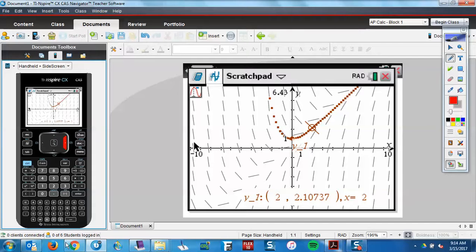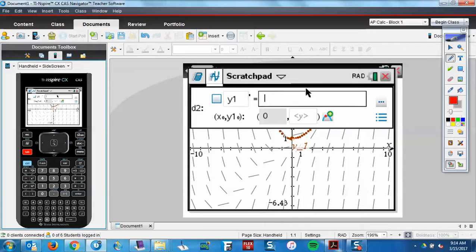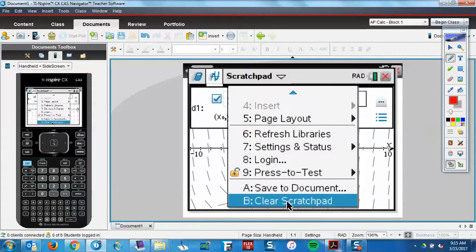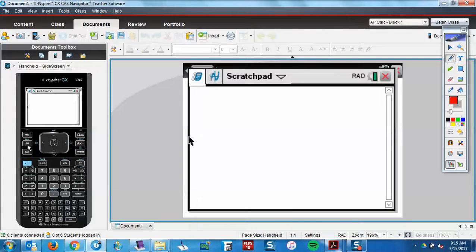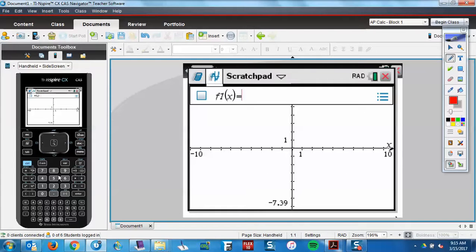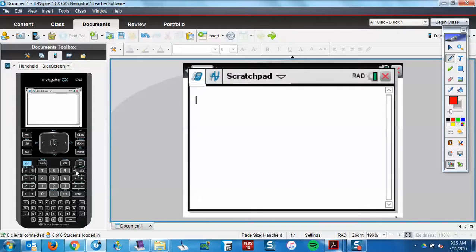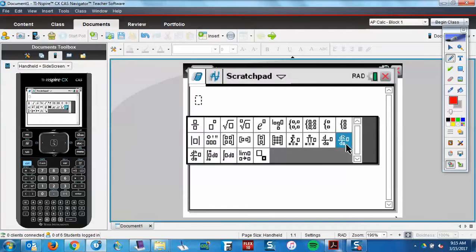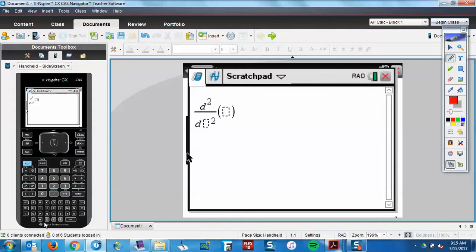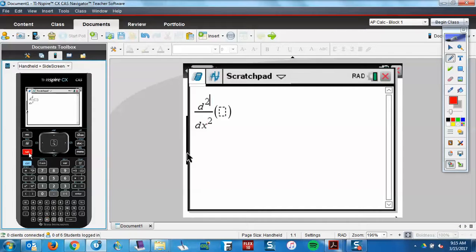So we're going to go to our calculator. We're going to get rid of this. Probably don't need to get rid of it, but actually the fastest way is just to go up here and clear the scratch pad from it. Just clear the scratch pad. Okay, and so we're going to graph what? We need the second derivative of that guy. So one of the ways we said the fast way to do that is to go over here to do the second derivative, because this is our trapezoid one, so we need K2.